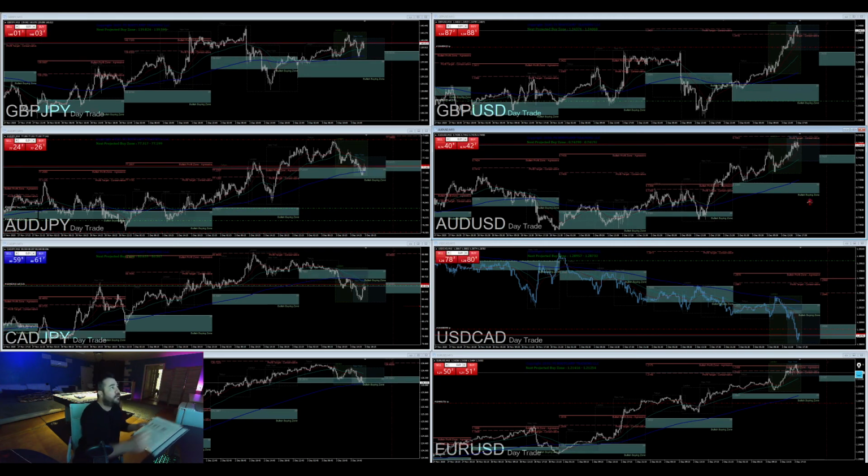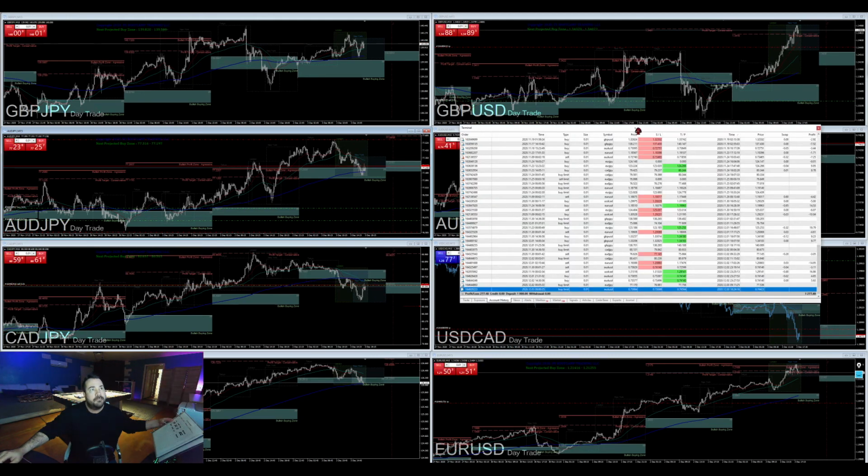So that's it on day trades. I do still have the remainder take profit here on the Australian yen. So I should only have 4 pendings. No, I didn't take any profits, didn't take any losses. Still the same.